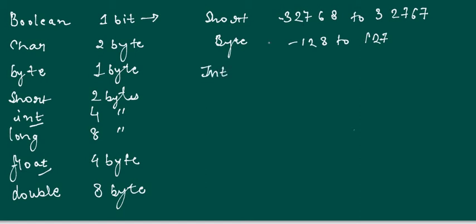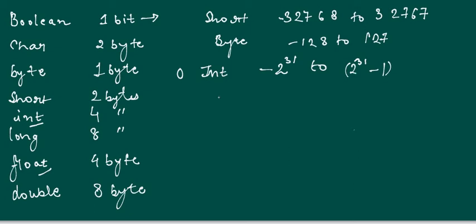How much can it store? It can store from -2 to the power 31 to 2 to the power 31 minus 1. It is the range. The default value for int is 0.